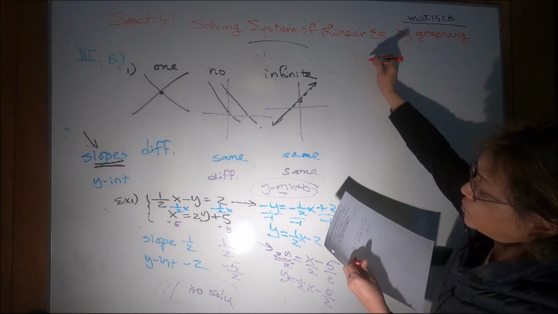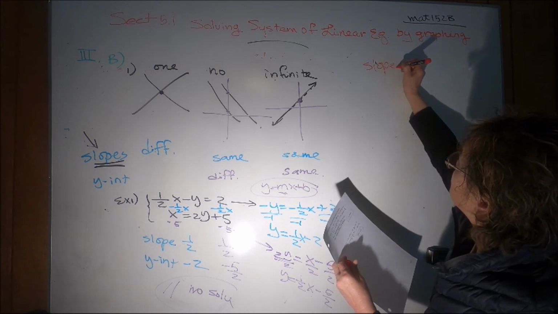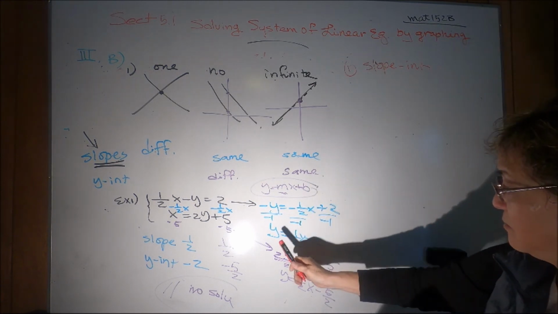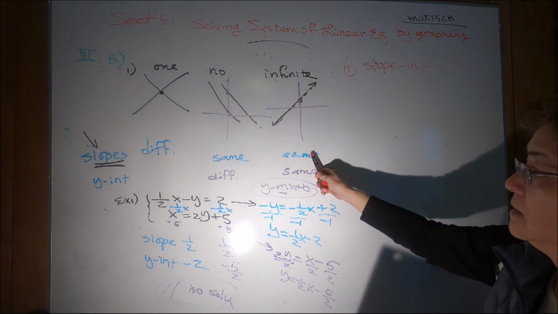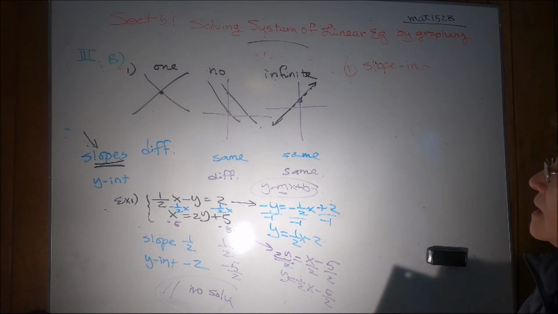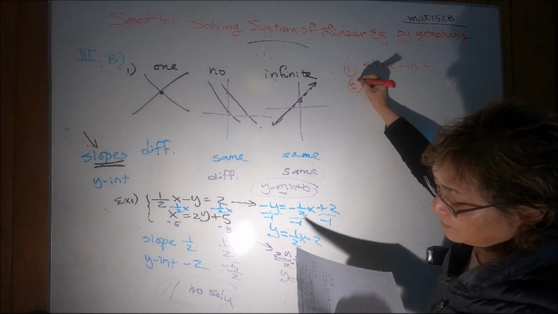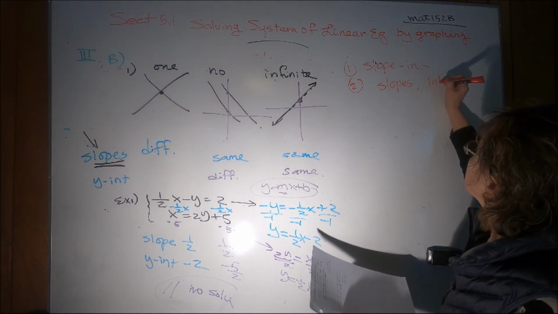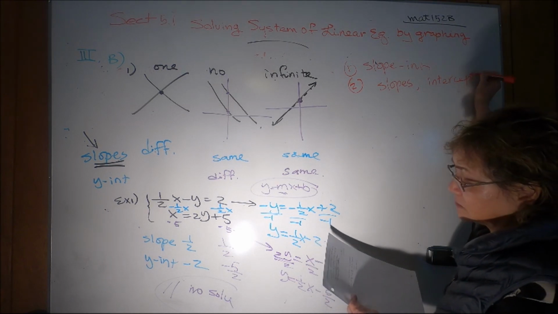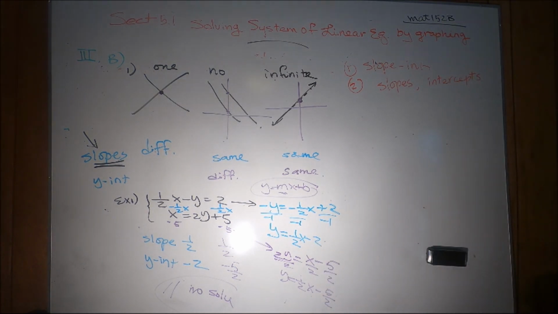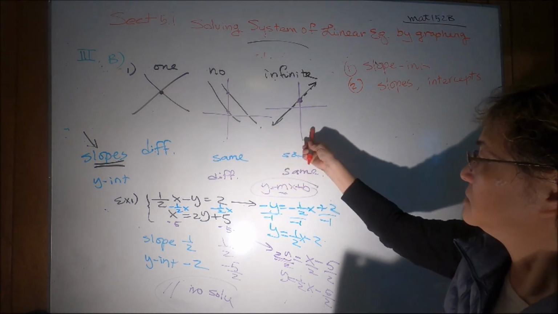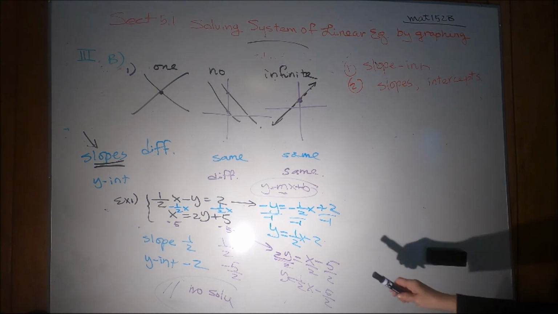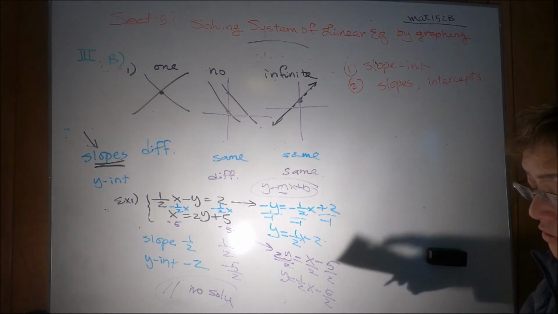First step, you will change everything to slope-intercept form, before you can decide what kind of slope it is. Then second, we will compare what? Compare the slopes and the intercepts to decide further. This condition or this condition. Infinite solutions or no solution.